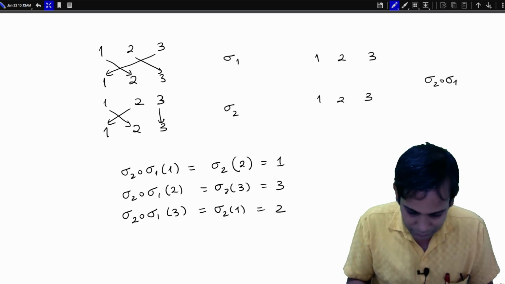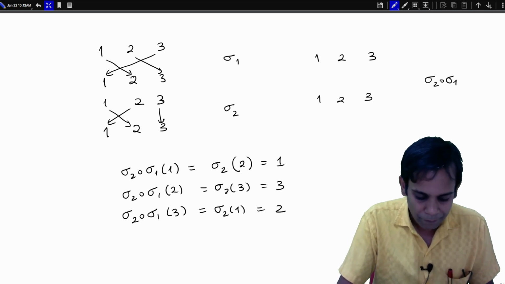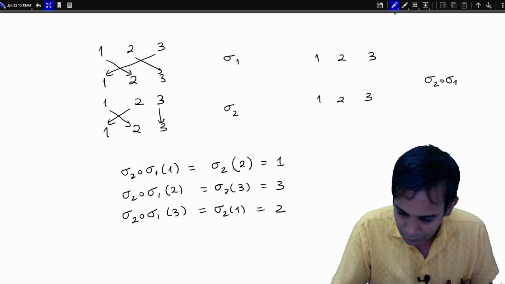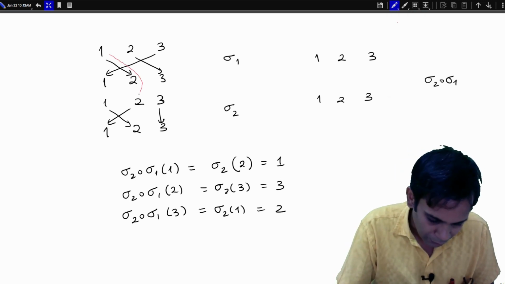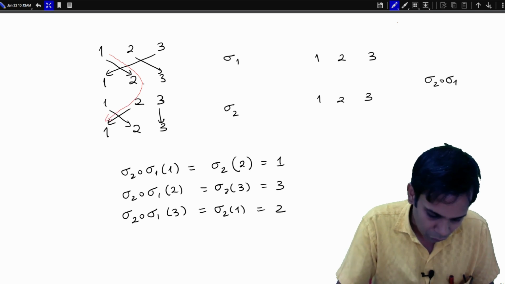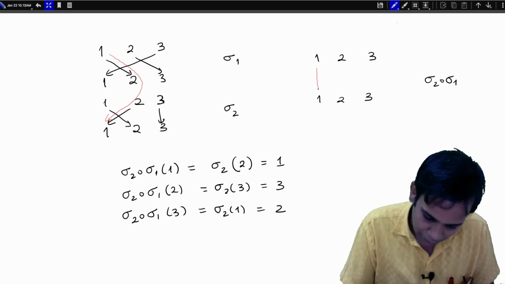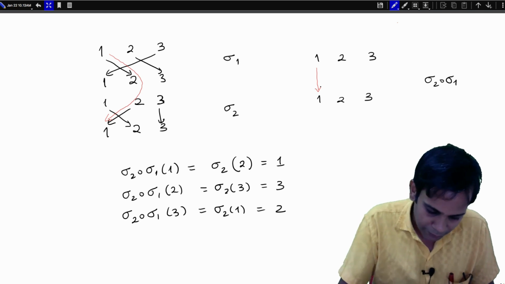Another way of thinking about this is just under sigma 1, 1 goes to 2, and let us see. So, 1 goes to 2 and then 2 goes to 1. So, I can just follow through this arrow, and that is telling me that under sigma 2 circle sigma 1, 1 goes to 1. And where does 2 go? Again, I will start with 2 and then I will follow through the arrow.